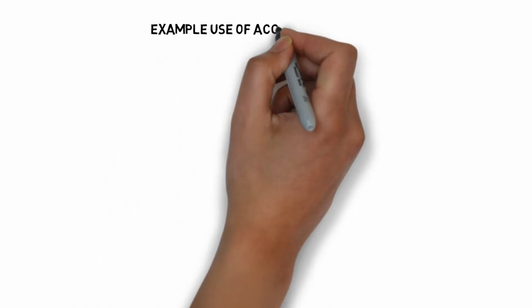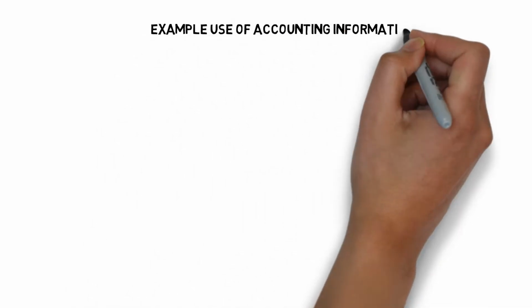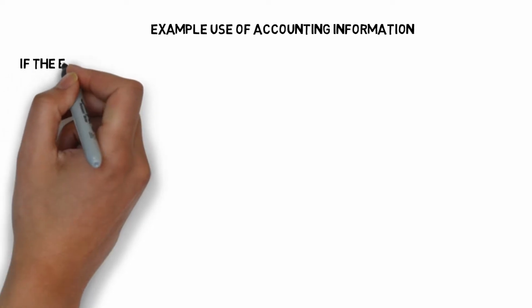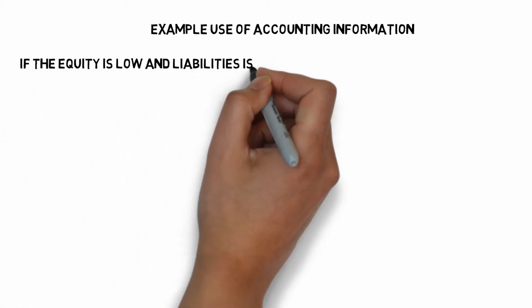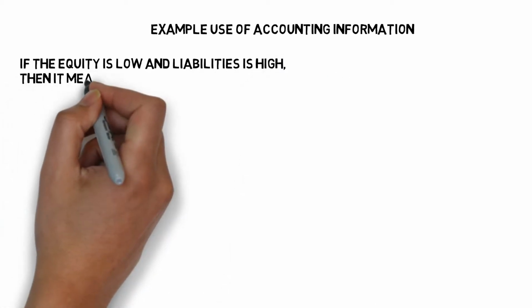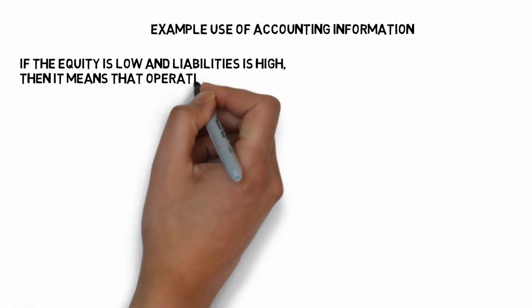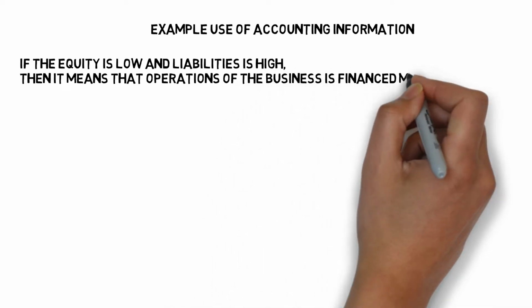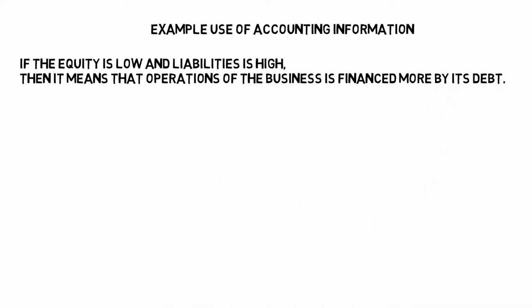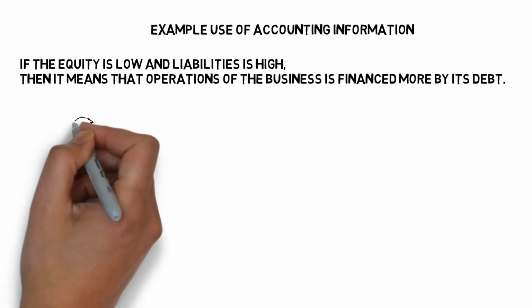So what's the use of this information to others? For example, if the equity is low and liabilities is high, then it means that the operations of the business is financed more by its debt.